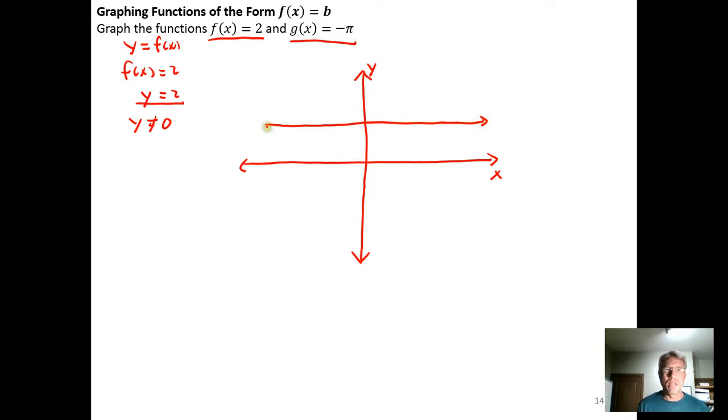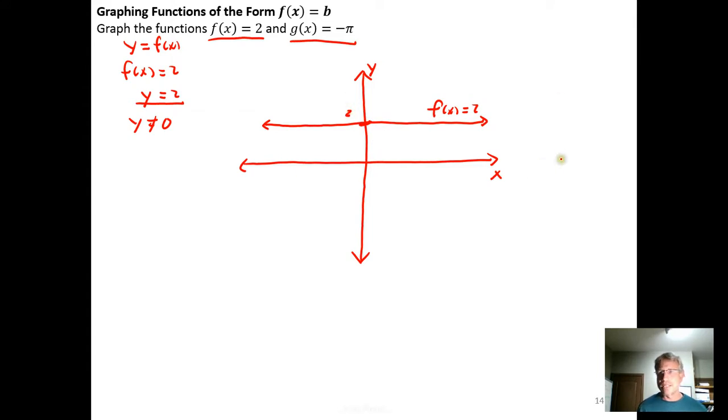Notice again, like in the previous videos, I didn't bother to put any tick marks in here yet. I just draw the graph, and the moment I draw this graph, if this is the function right here, f of x equals 2, that tells me that this distance between the line and the x-axis is what I'm indicating as 2 units. So I can come in after the fact and label this with a 2.